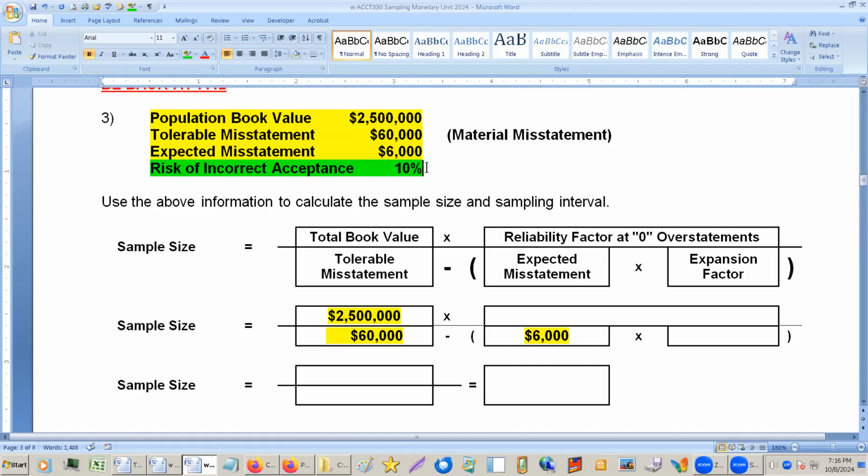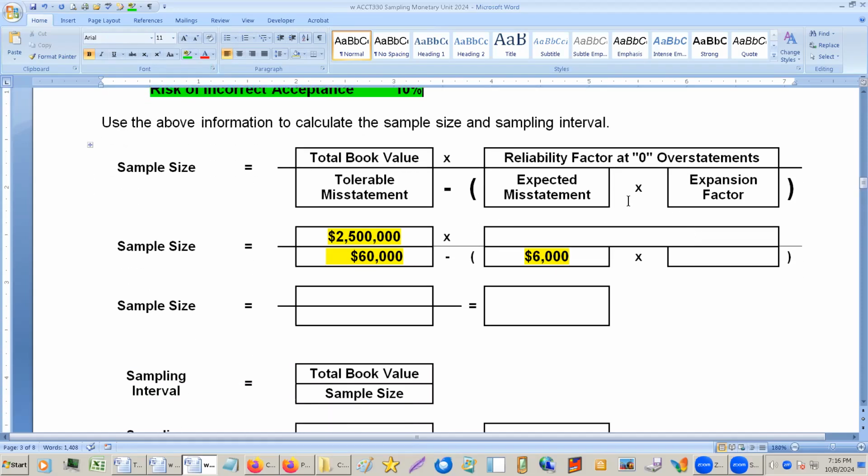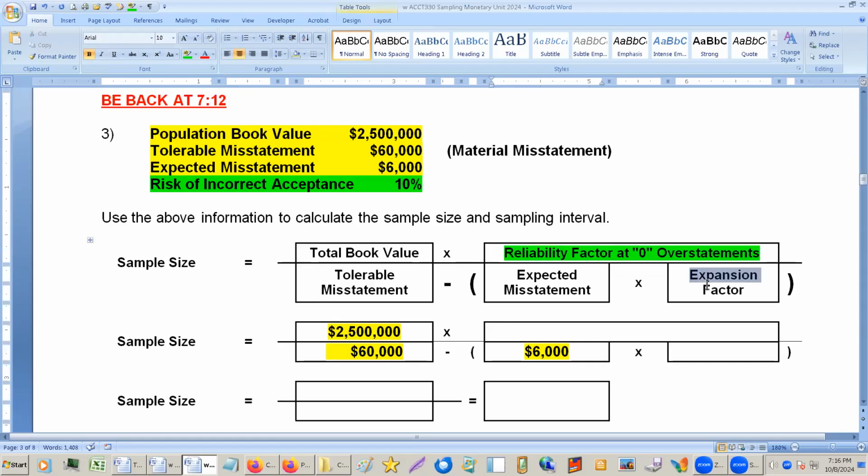So 10, and we are going to look for our reliability factor at 0 and our expansion factor. We need to go grab two numbers based on 10%: the reliability factor and the expansion factor.